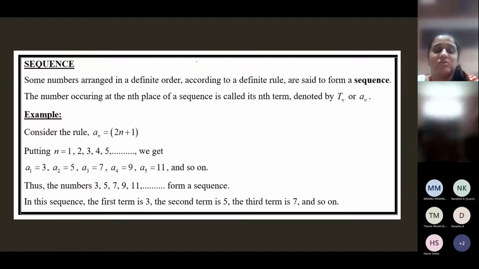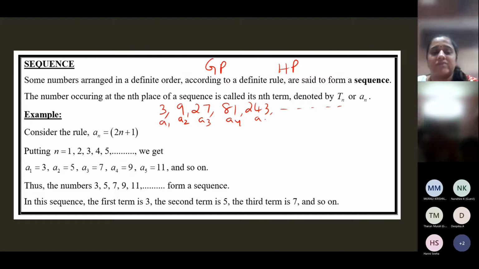All right, children. So sorry. So I was telling you about the other progressions, the geometric progression and the harmonic progression. Supposing we have a sequence like 3, 9, 27, 81, 243, and so on. Now let's find the ratio. The terms are A1, A2, A3, A4, A5, and so on.